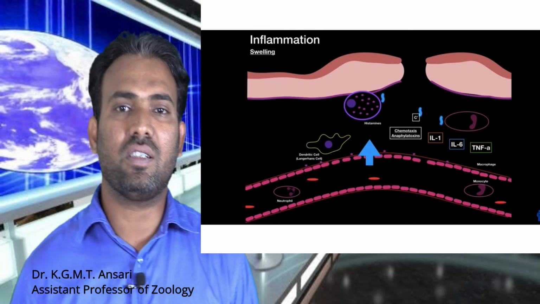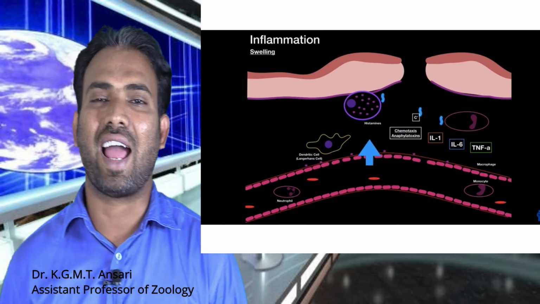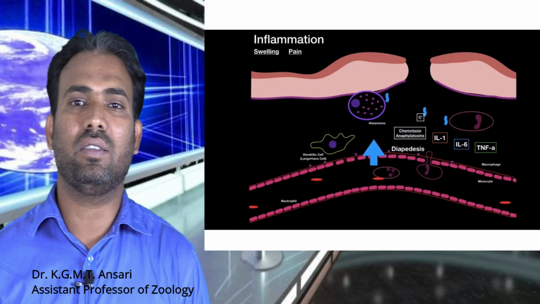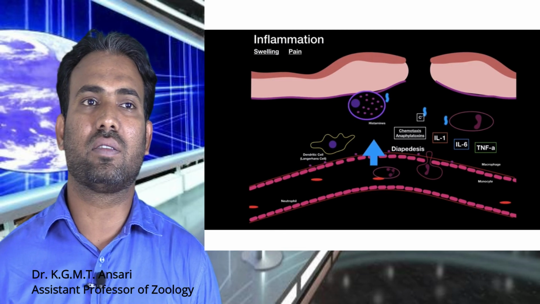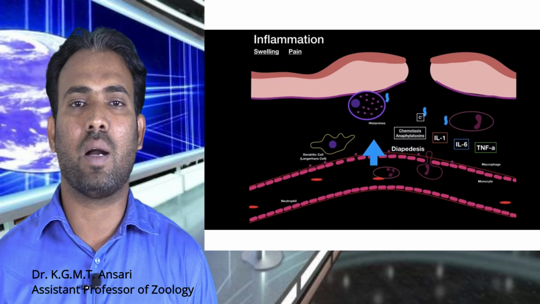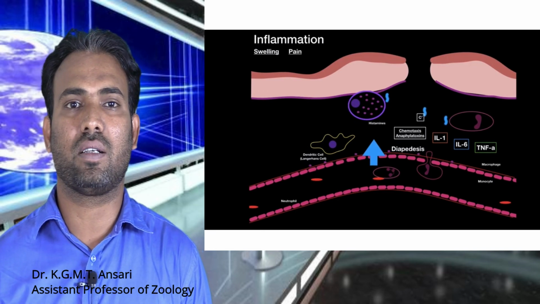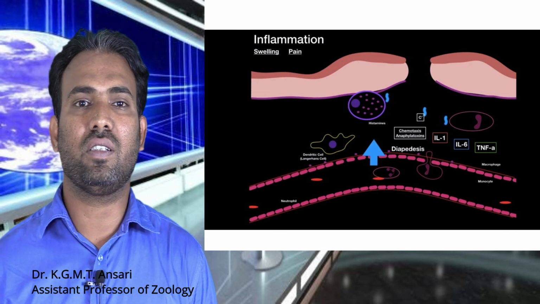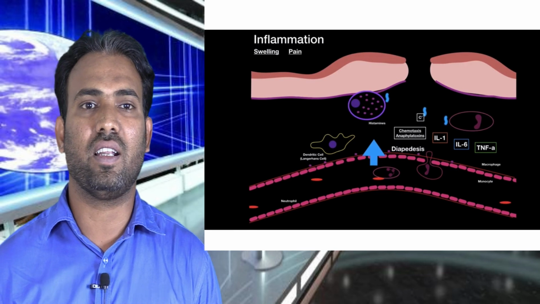Once the macrophage comes to that place, the phagocytosis actions will start, using interleukin 1, 6 and TNF-alpha. The macrophage also tries to eradicate the microorganism from the contamination of our body. But if the macrophage is not enough, it will immediately call for the dendritic cell.